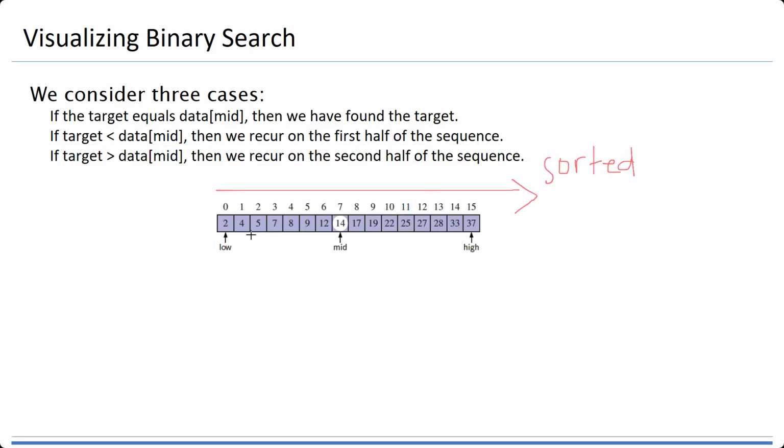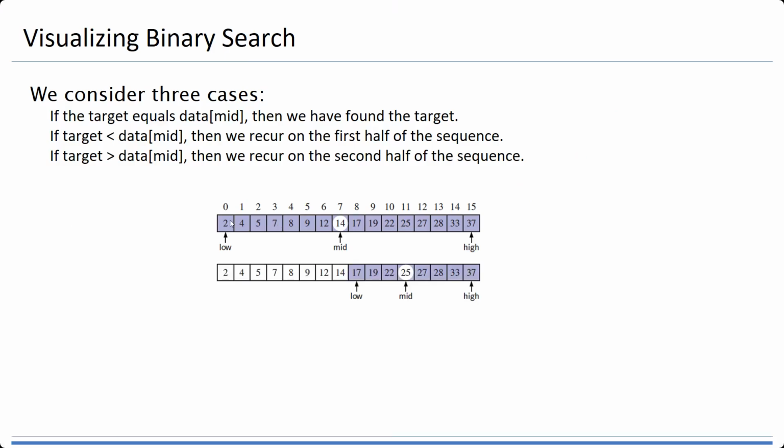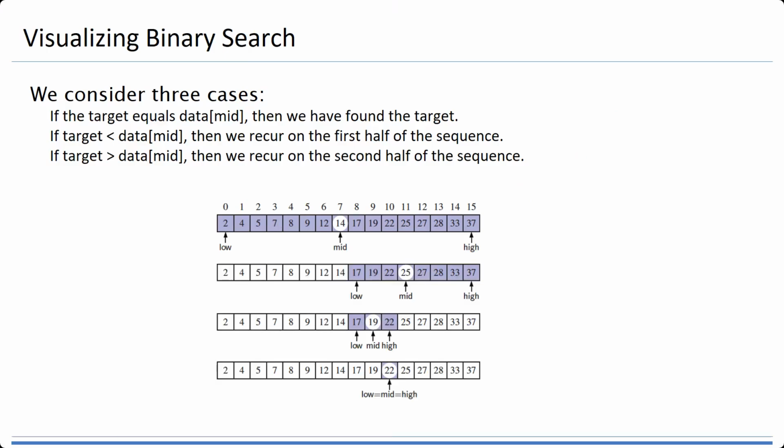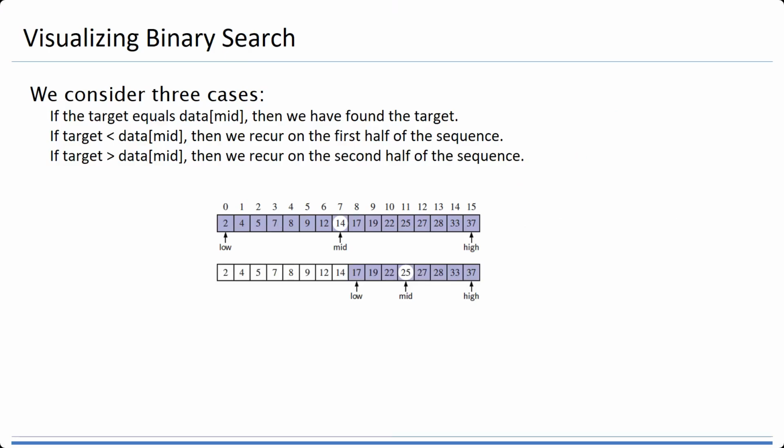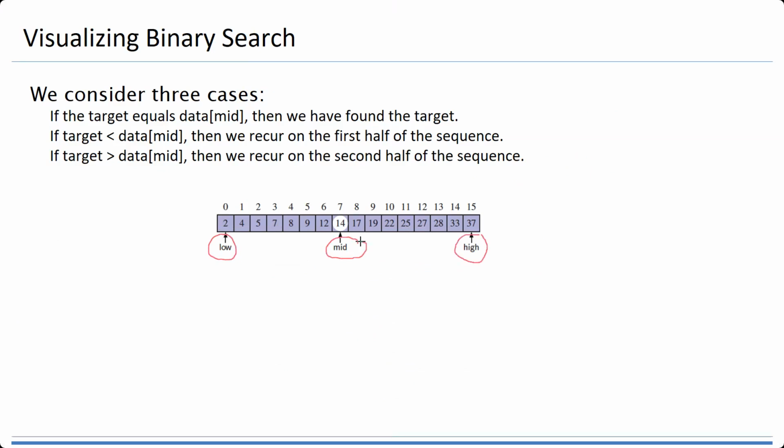Now, I want to find the number 22. Is it 22? So I need to define what the low is, what the high is, and what the mid value is.